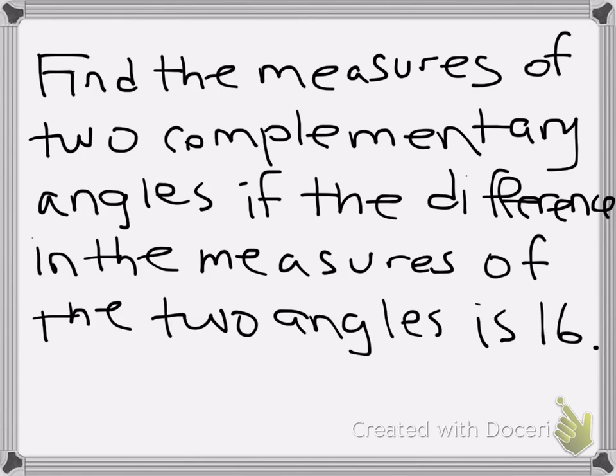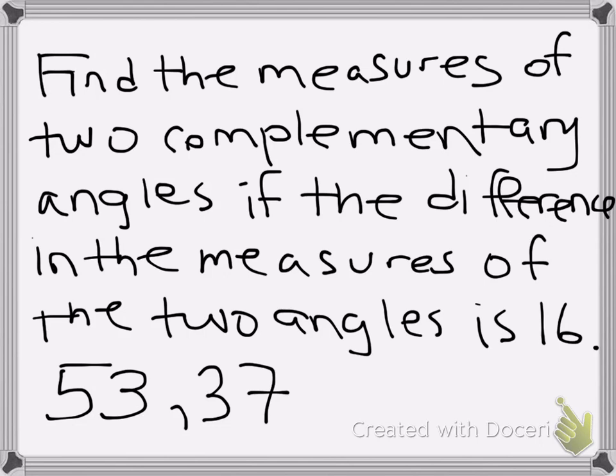So after a lot of guessing and checking, I finally got the answer, which becomes 53 as one angle and 37 as the other. So to check myself, I would add them up to be 90, and then I would subtract 53 minus 37, and that would give me 16.